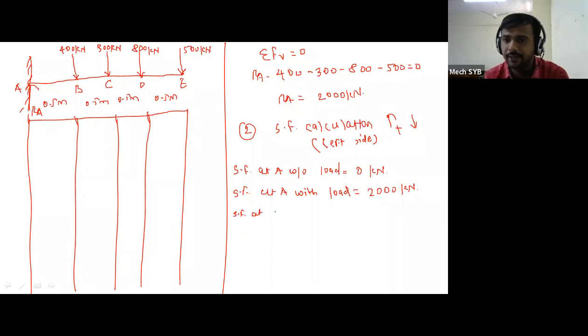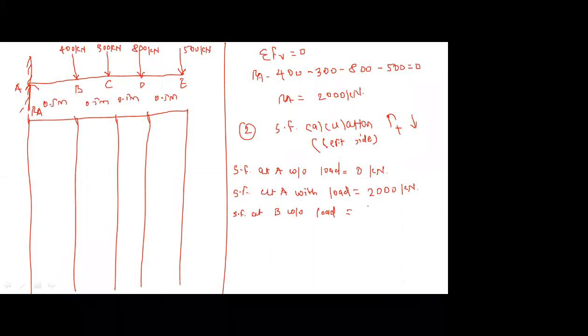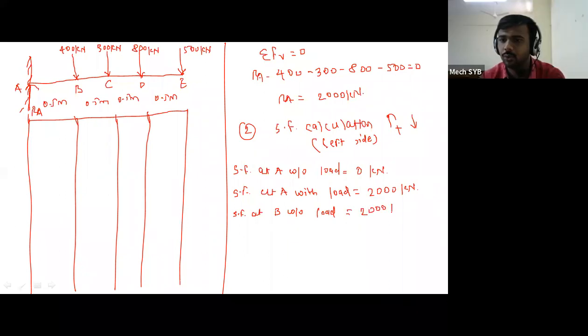SF at B. Again at point B there is a point load, so we need to take the without load. So without load means without considering the point load of B, number of forces present at the left side, how much? 1. Write down as it is, 2000 kilonewton.